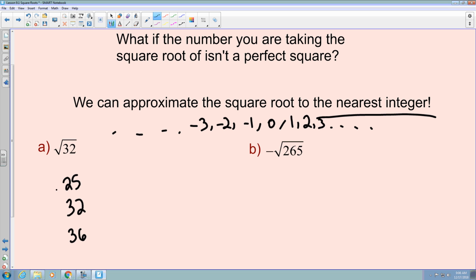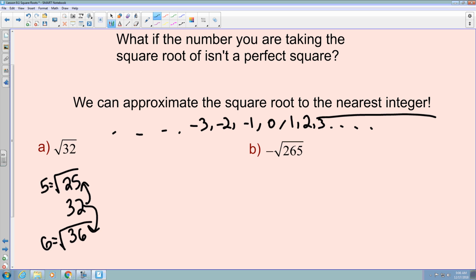The reason for that: if I took the square root of this, it would be 5. If I took the square root of this, it would be 6. So that means that 32 is going to fall between 5 and 6. So the question remains: is 32 closer to 36 or is it closer to 25?